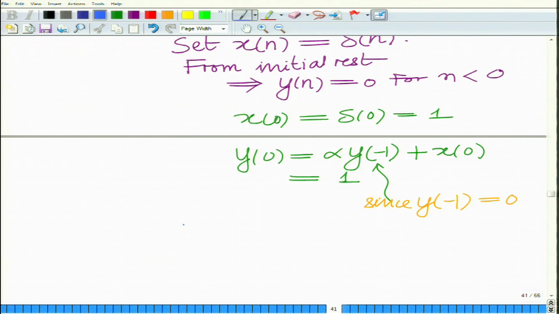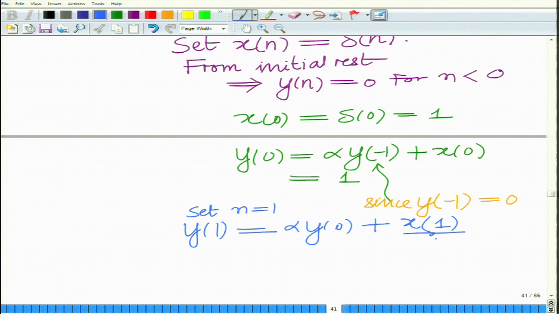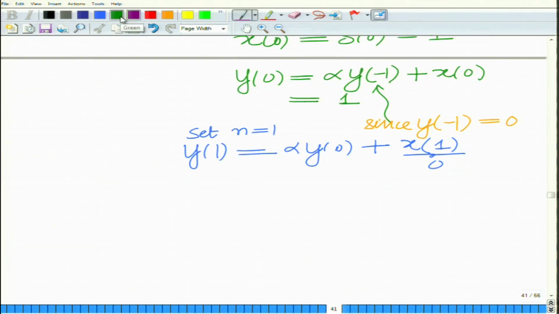Now if you want to find y of 1, set n equal to 1: y of 1 equals alpha times y of 0 plus x of 1. Now, x of 1 is 0. So, this becomes alpha times 1, which is equal to alpha.